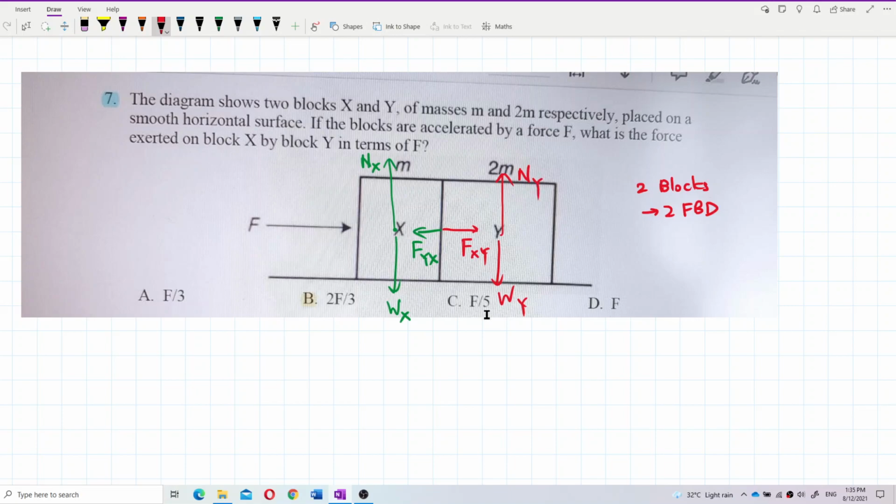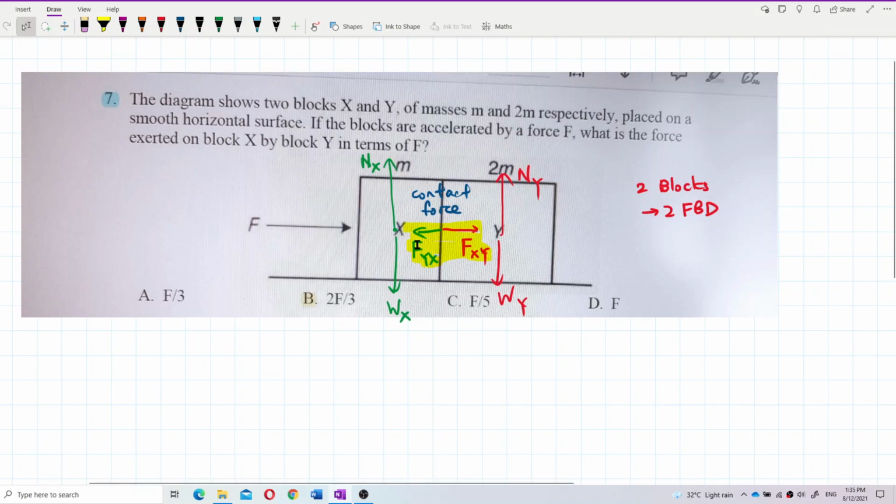So that's it for block Y. Fyx and Fxy, both of these are what we call contact forces.